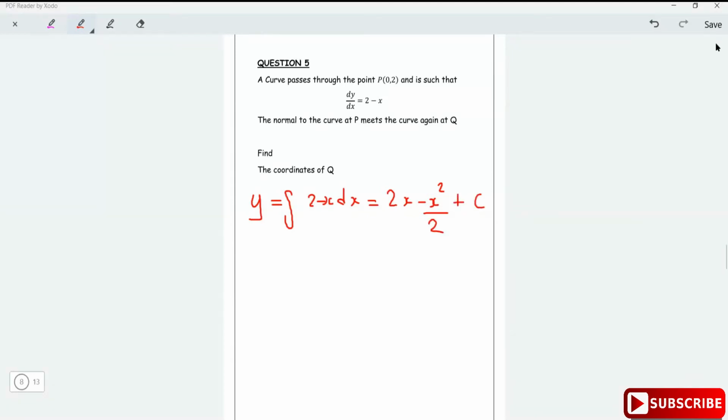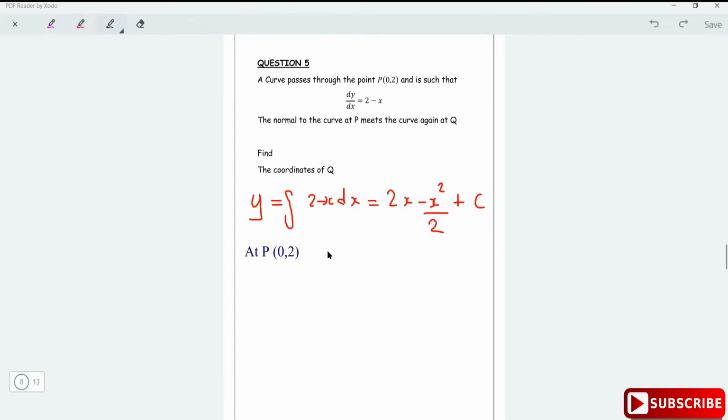Now what else do we know? It tells us that the curve passes through the point (0, 2). So when x is 0, y is 2. At P, x is 0 and y is 2.